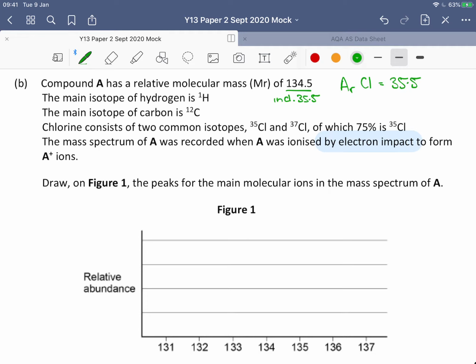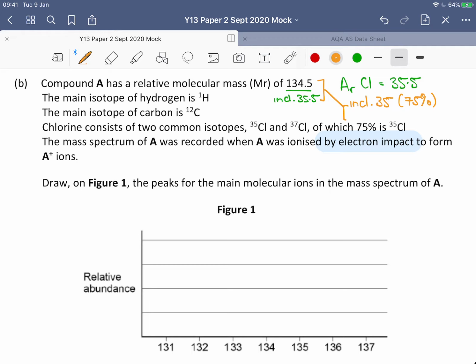But if we look at individual molecules, none of them are going to have a chlorine of 35.5. There are molecules that include chlorine-35, and there's 75% of them, because that's what they tell us in the text.